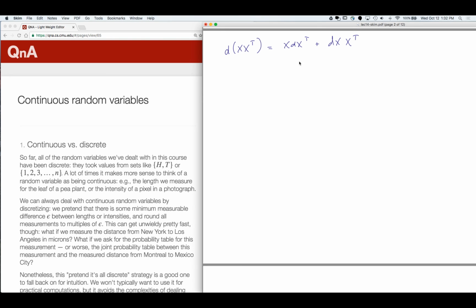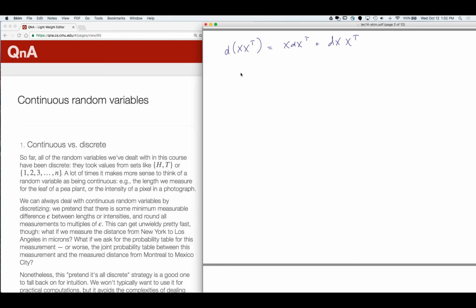I'd like to first point out that this is a really simple derivation and a really simple expression. Now, some people have asked, what's the point of using this differential notation instead of the old-fashioned d by dx notation or even component-wise derivatives? This example is a perfect illustration of the benefit.